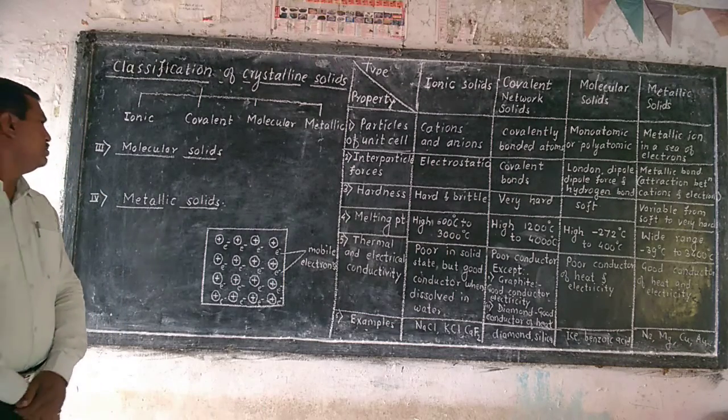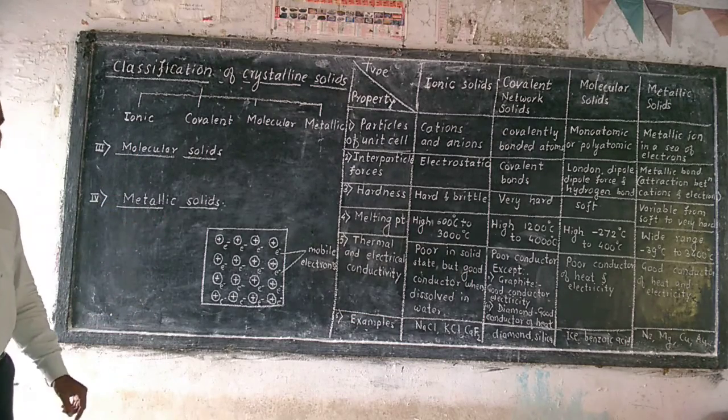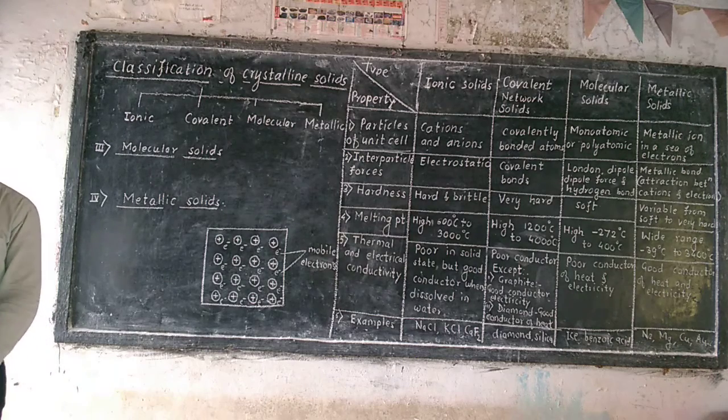So here is the fourth type of crystalline solids, that is metallic solids. Metallic solids are the solids in which positively charged metal ions are constituent particles which form the metallic crystal.